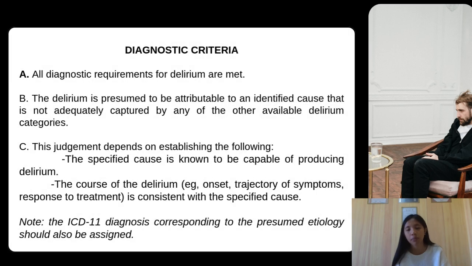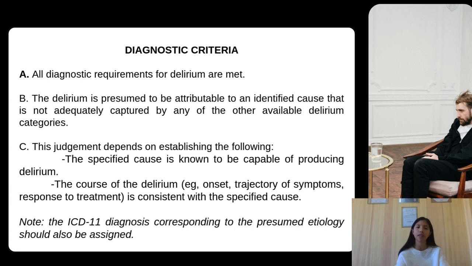Letter C, the judgment depends on establishing the following. Number 1, the specified cause is known to be capable of producing the delirium. Number 2, the course of delirium, its onset and trajectory, is consistent with the specified cause.